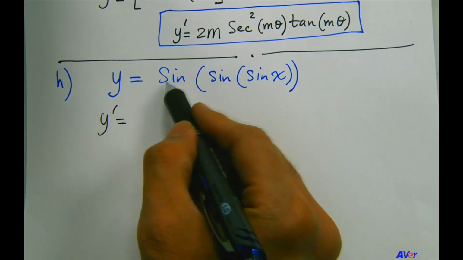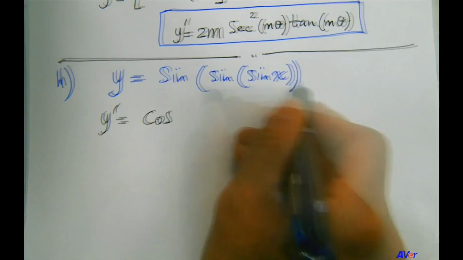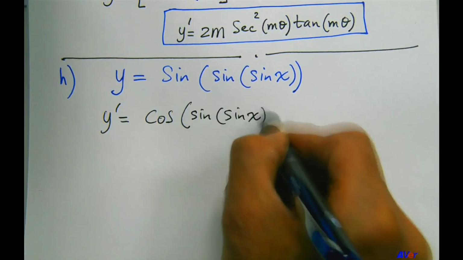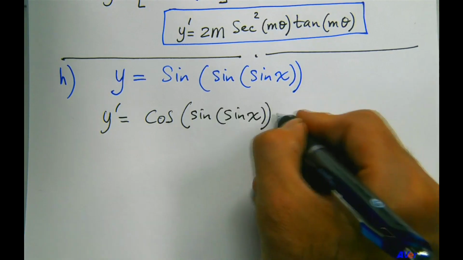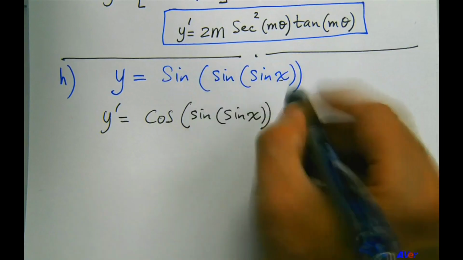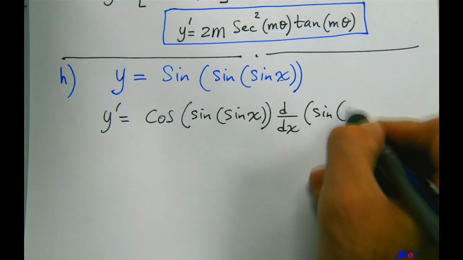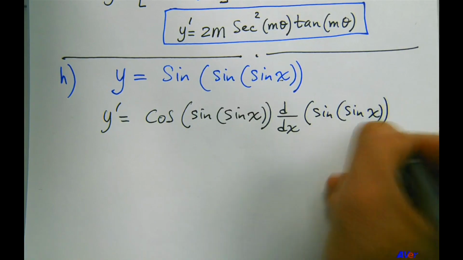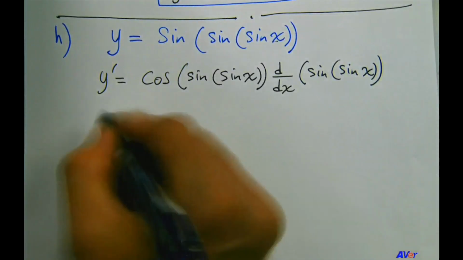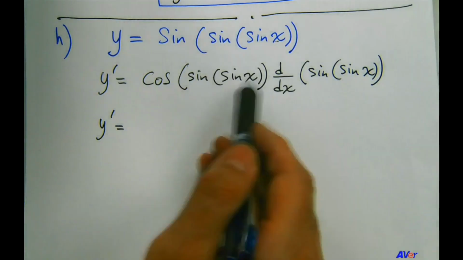First of all, we know that the derivative of sine is cosine, right? So cosine of all of that. Then, of course, by the chain rule, we need to multiply this by the derivative of what's inside, so d dx of sine of x. This piece is already done.